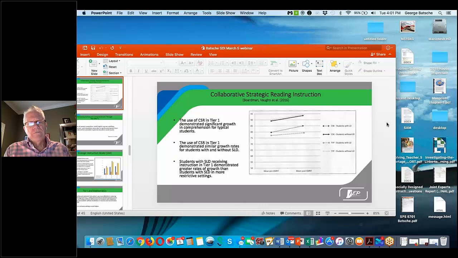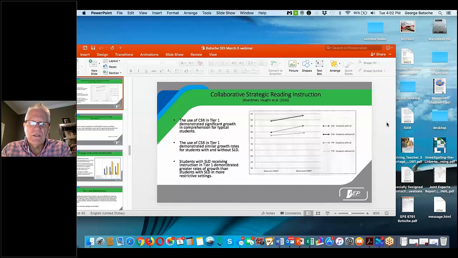So if Tier 1 is doing this, in other words, what we can say from this is that Tier 1 is ensuring that our students with learning disabilities are growing at the same rate as typical students when CSR is used to teach comprehension strategies. However, notice that those top two lines are not closing in on each other.